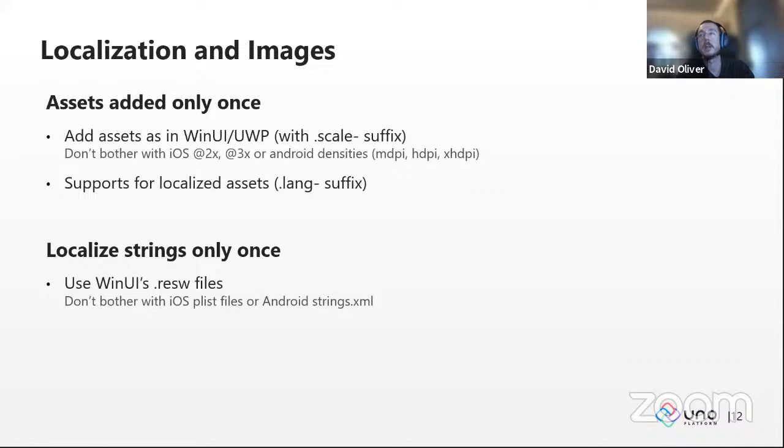You reference that from your XAML, and then that just works on every platform. And Uno under the hood copies the strings to each platform and uses the native string resource format for those platforms. So you don't have to worry about any of that.